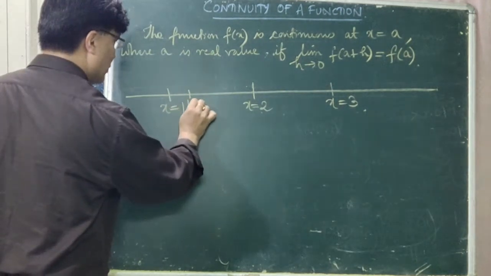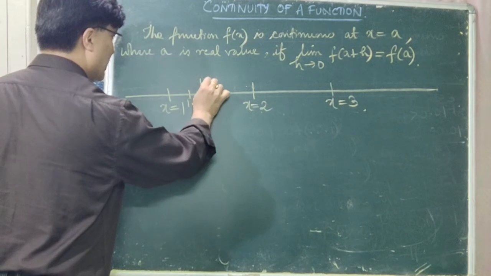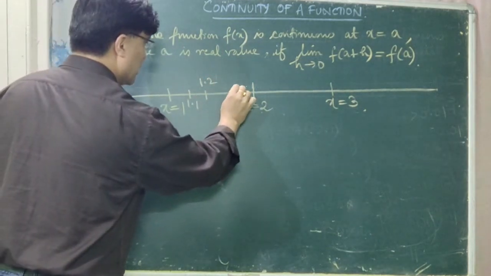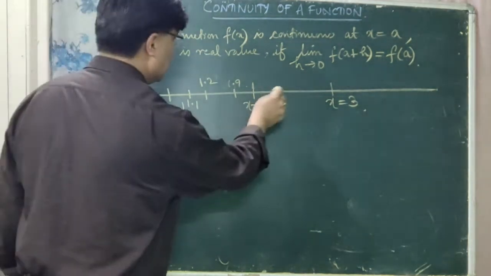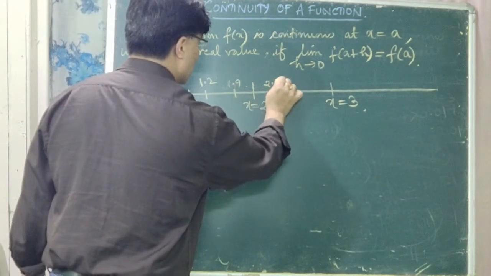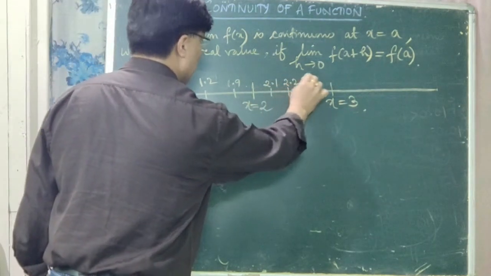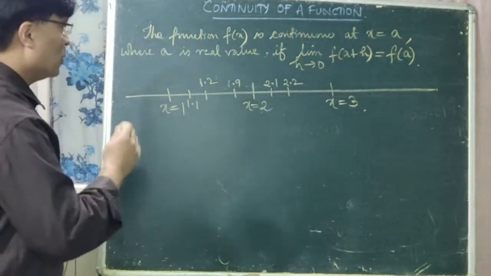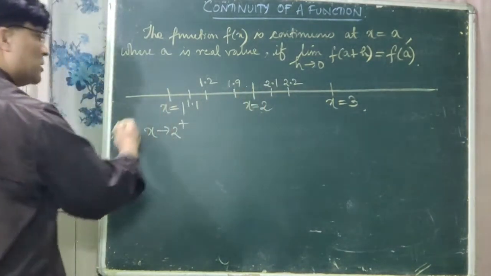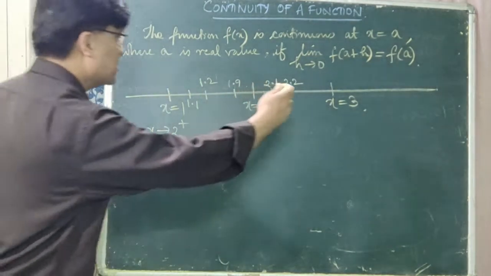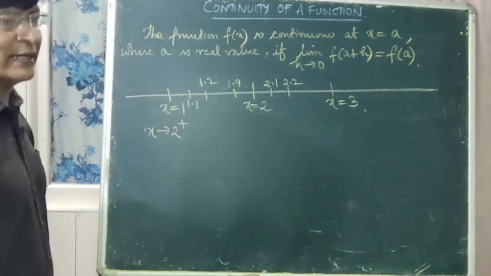It may be 1.1, it may be 1.2, it may be 1.9, like that. It may be 2.1, it may be 2.2, and so on, right? So x is approaching towards 2 plus. X is approaching towards 2 plus means x is approaching towards 2 from the right hand side.